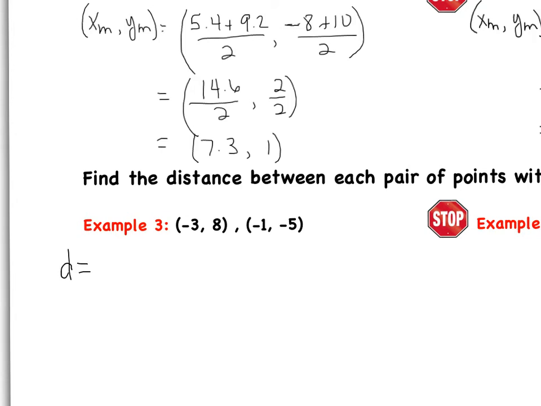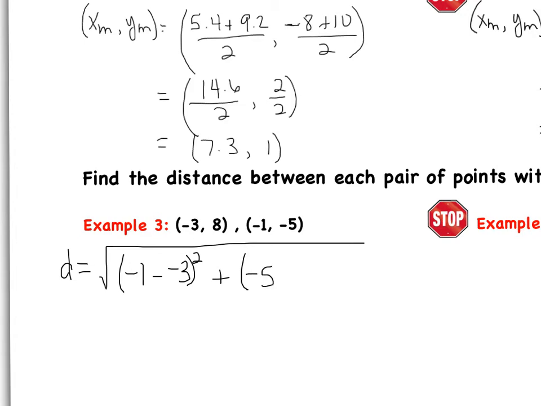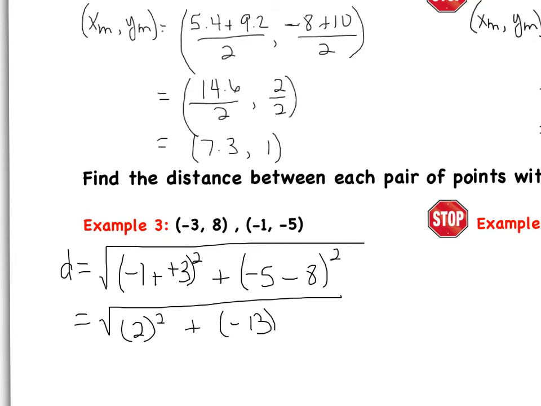Distance equals the square root of x2 minus x1 quantity squared plus y2, let's put in the value for y2 there, y2 is negative 5, minus 8 quantity squared. Now remember, when we have minus and negative, we could write that as add the opposite. So as we evaluate this, we get 2 squared plus negative 13 squared.